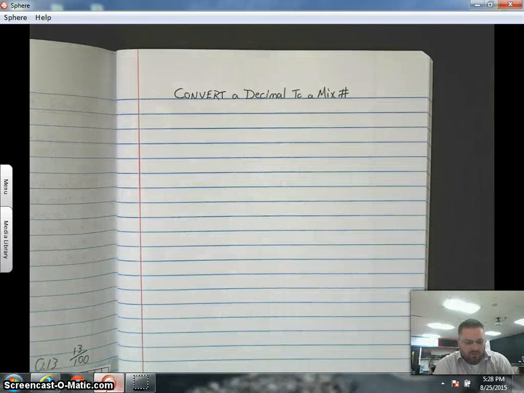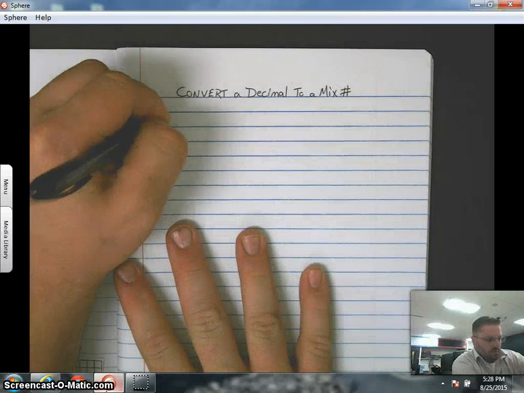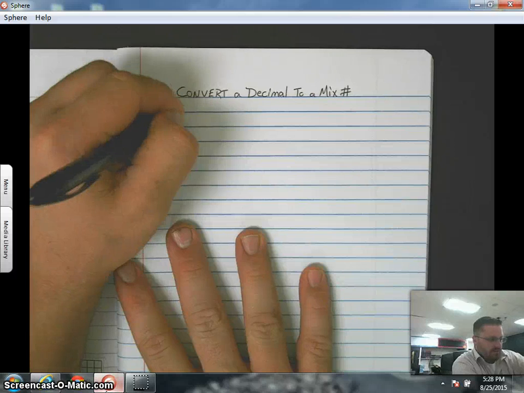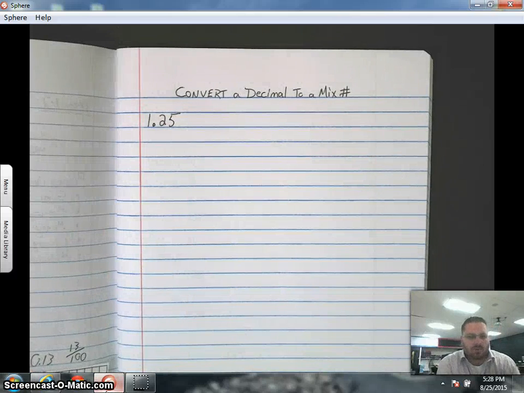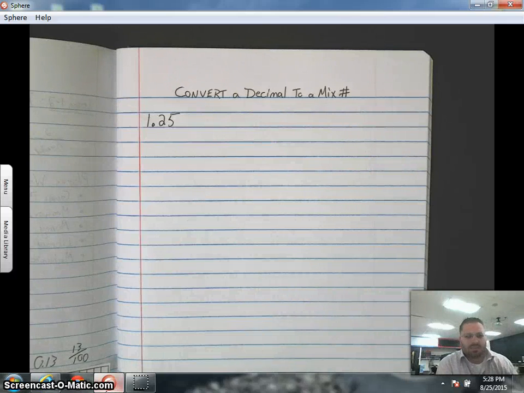Alright, to do this, we're going to start off with a number which is 1.25. That is my decimal. Now to make 1.25 a mixed number, there's a couple easy steps.